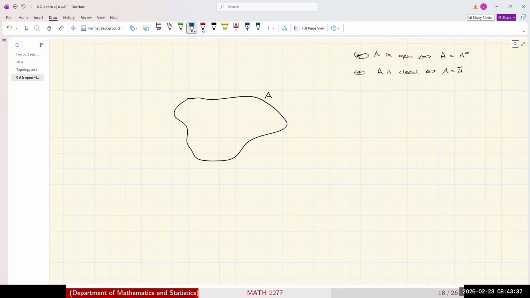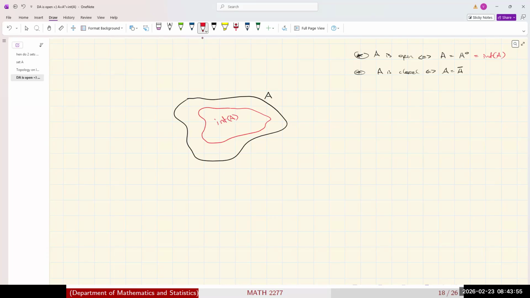Yeah, so I told you all that the interior of a set, okay, so of course you know A with the little circle is interior. That's another way to write it.